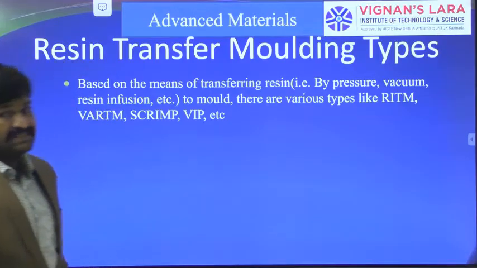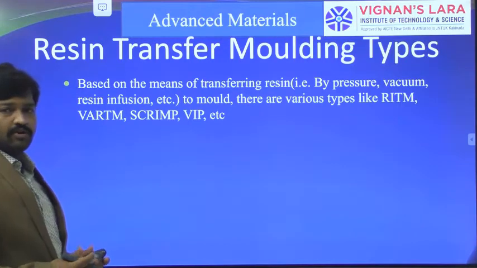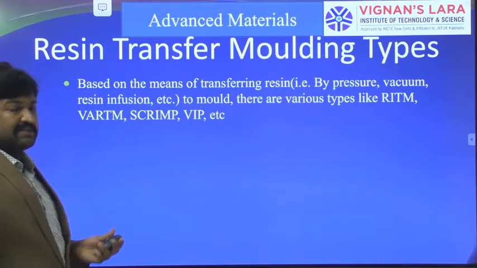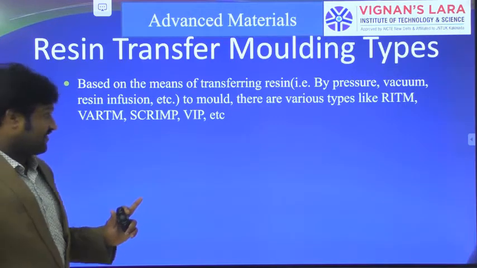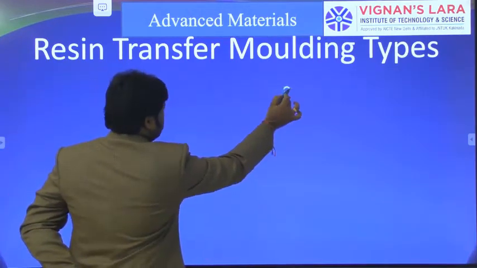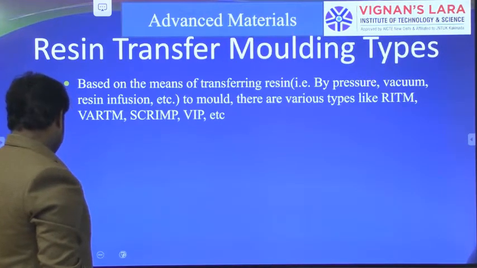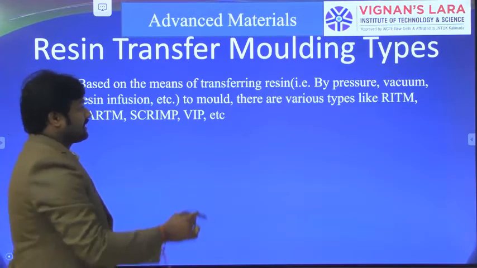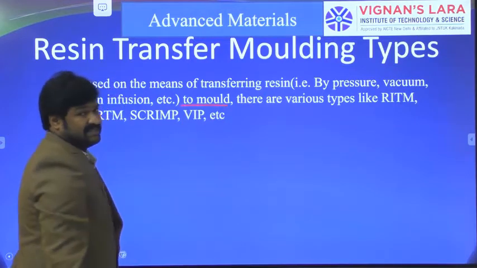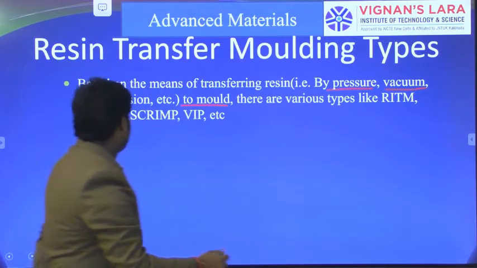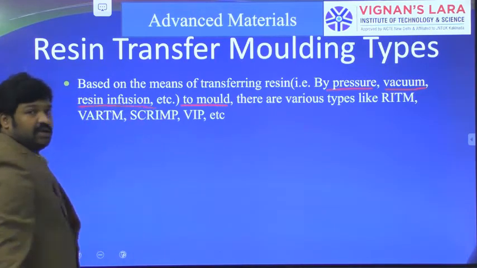Based upon the means of transferring, as we know, we are transferring the matrix material onto the reinforcement. So based upon the type of transferring resin to mold, it means by means of pressure or by means of vacuum or by means of resin infusion.